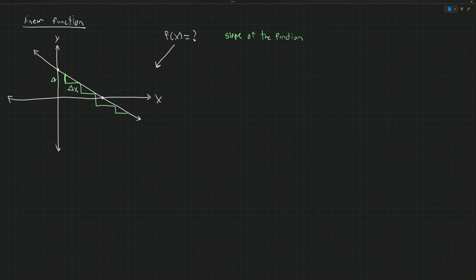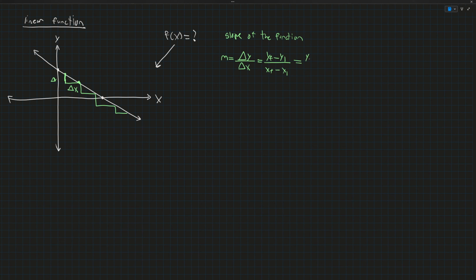It's going to take the form of the ratio of the change in y values over the change in x values, which of course is the final point minus the initial point in the y component, divided by the final x component minus the initial x component.